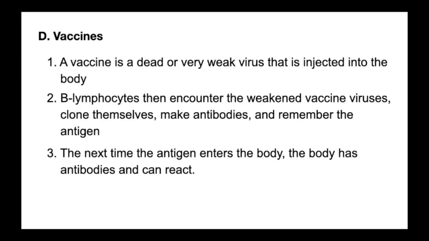Okay, and let's talk about vaccines. What is a vaccine? A vaccine is just a dead or a very weak virus that's on purpose injected into your body. So why in the world would we do that?